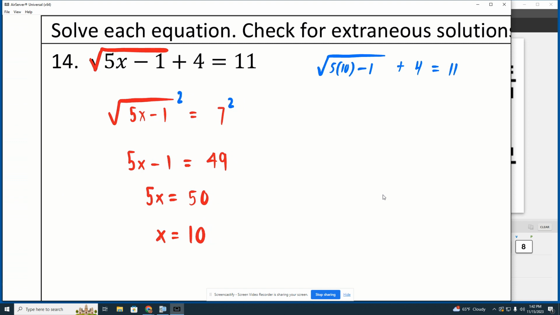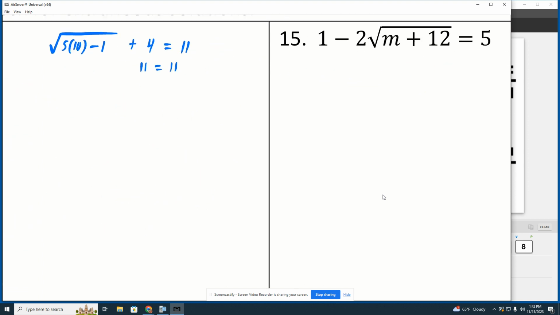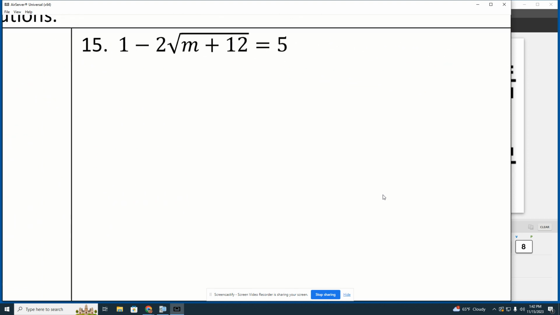Well, 5 times 10 is 50. 50 minus 1 is 49. Square root of 49 is 7. 7 plus 4 is absolutely 11. So since 11 does equal 11, this is my answer. It is not extraneous. Okay? So real quick check. You don't have to spend a lot of time on that. It's just straight in your calculator. Number 15.